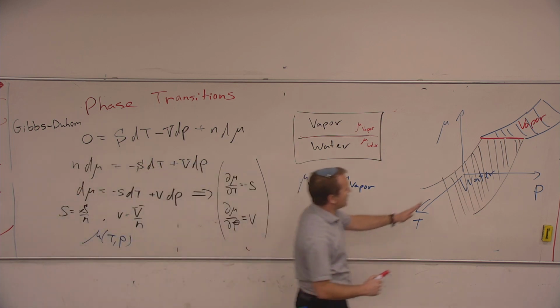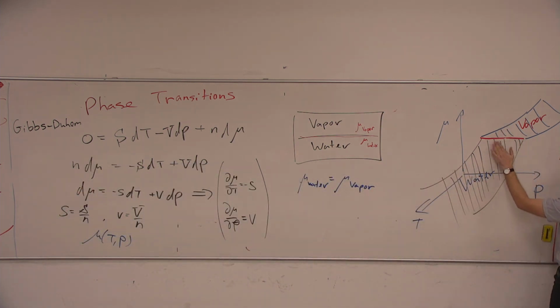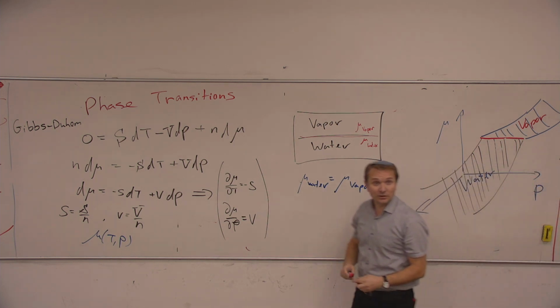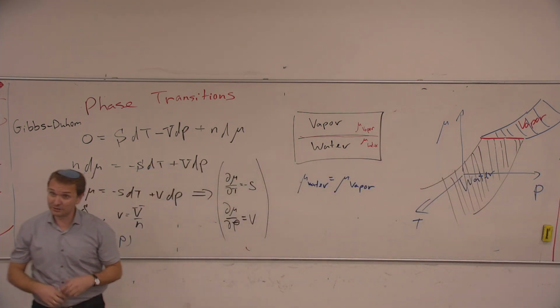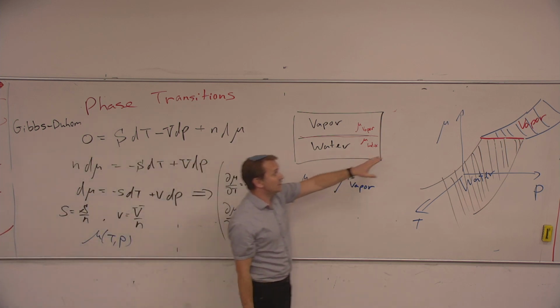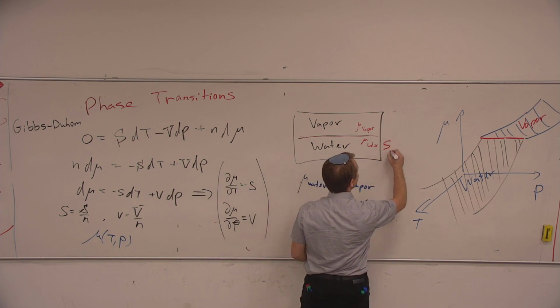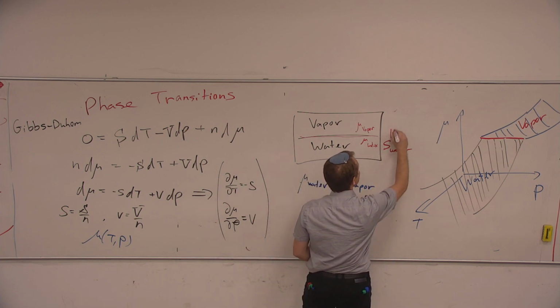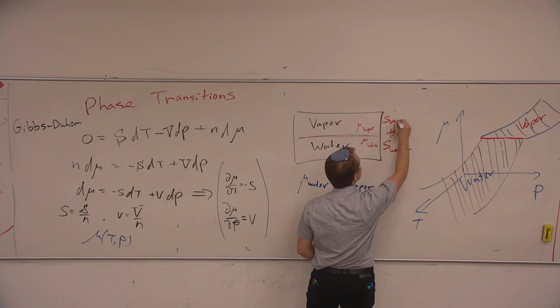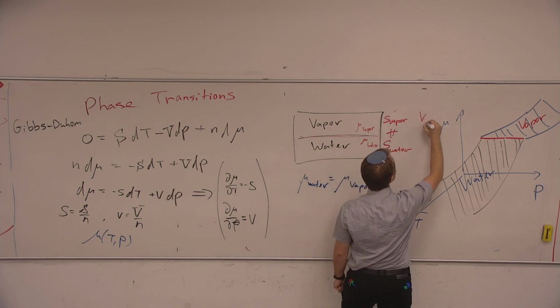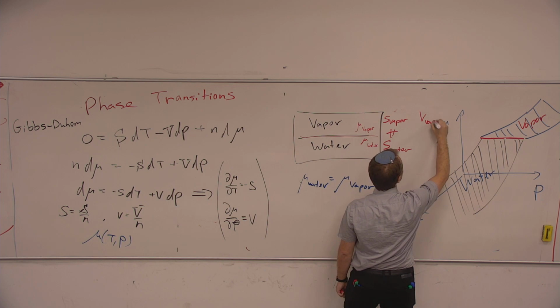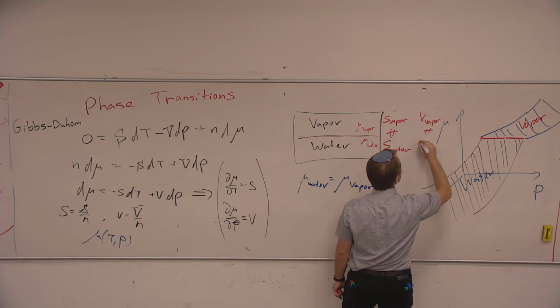So there could be one derivative on this side and another derivative of mu on the other side, and it can perform a jump. The abrupt behavior of phase transitions that we have seen before we translate to: S of water is not equal to S of vapor, and V of vapor does not equal V of water.